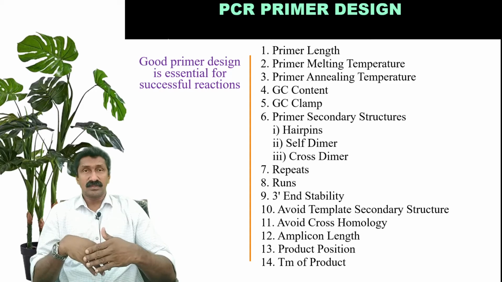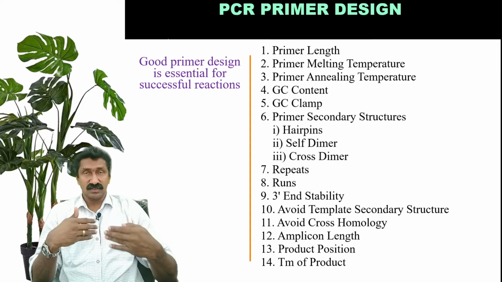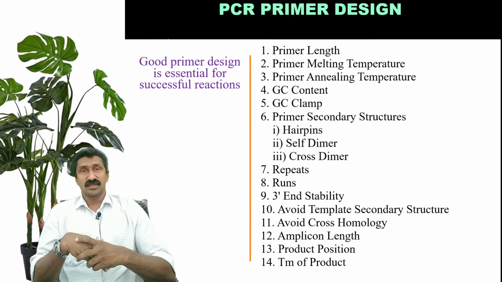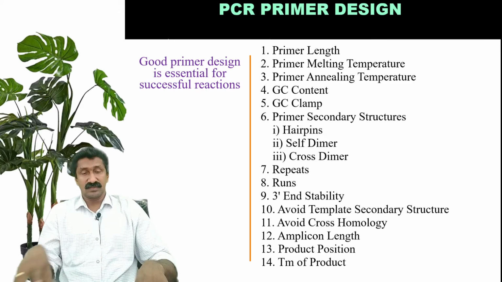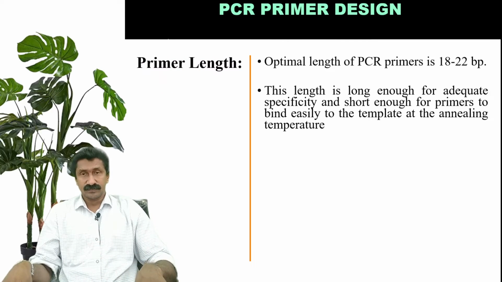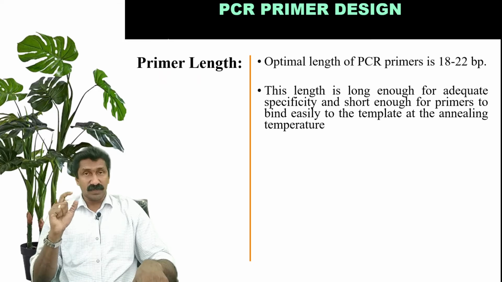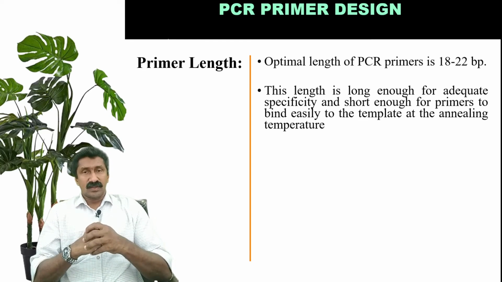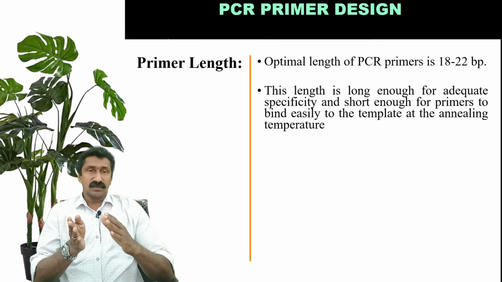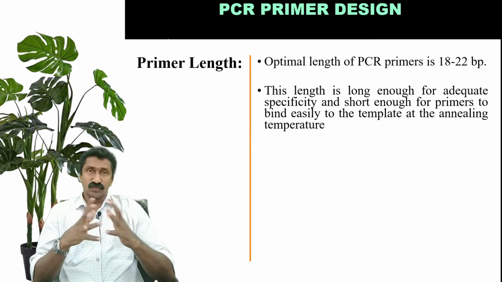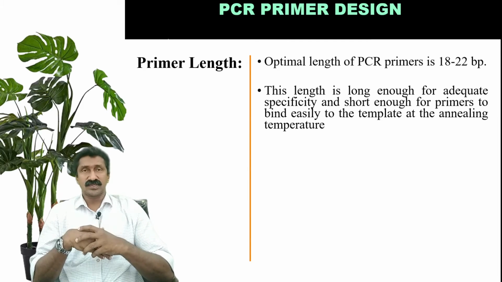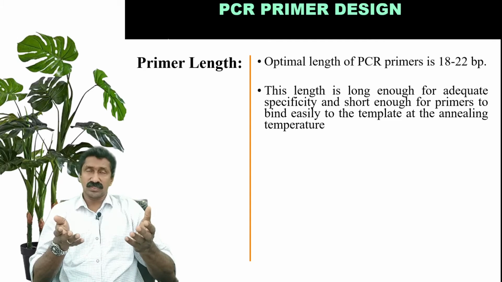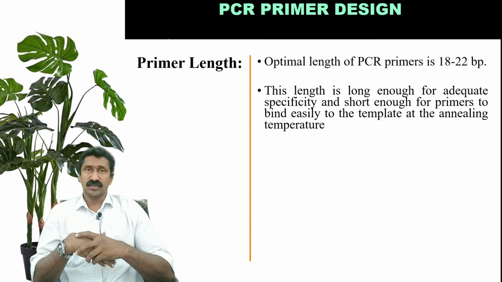These are various factors that influence the quality of the primer. While designing a primer, you have to take such factors into consideration to obtain a good primer. The first one is the primer length. The optimal length of the PCR primer is about 15 to 22 base pairs. In one of the previous sessions, we discussed that maybe a 30 or 35 nucleotide length primer can be used for more specificity.